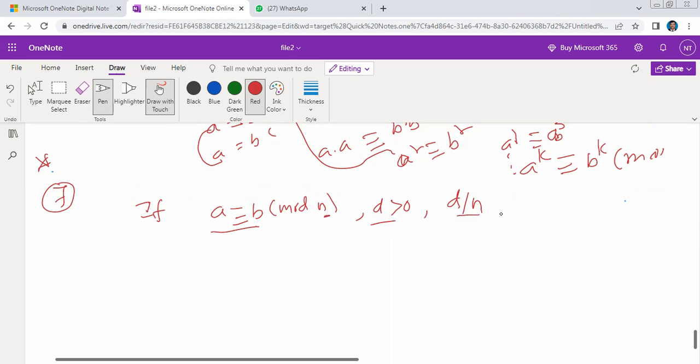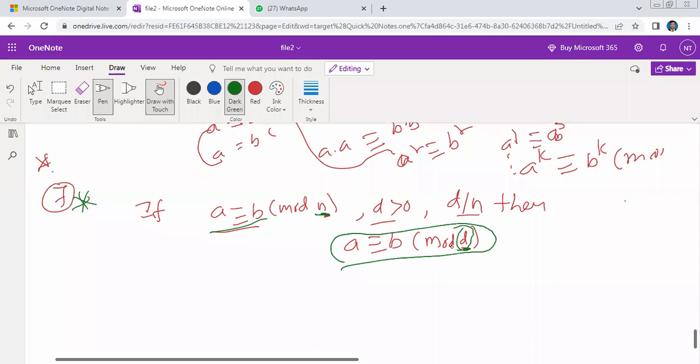Then A congruent to B modulo D. ఇక్కడ ఇది మారిందండి. ఇది మాడ్యులో n, ఇది మాడ్యులో d. నువ్వు మాడ్యులో ఉన్న దాన్ని మార్చాలి అంటే ఈ రూల్ ఉపయోగపడుతుంది. మాడ్యులో ఎలిమెంట్ కెన్ బి చేంజ్డ్, వీ కెన్ యూజ్ దిస్ ప్రాపర్టీ. A congruent to B modulo n, if any number d greater than 0 divides n, then A congruent to B modulo d, not n.